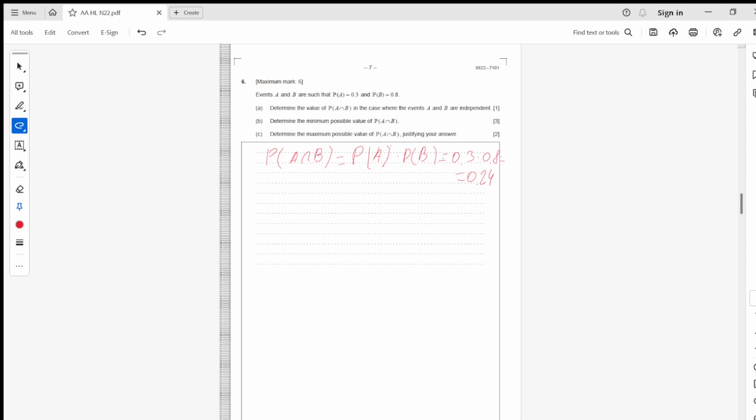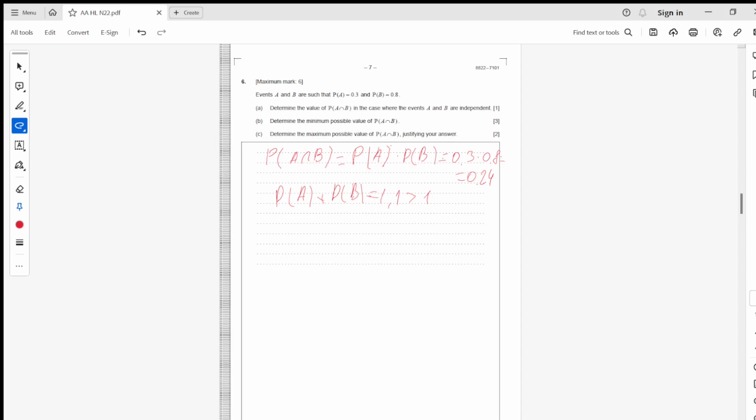The second question asks for the minimum possible value of this event. And what we need to consider is that the probability of A plus the probability of B is equal to 1.1, which is greater than 1, which would be a contradiction on its own, because the sum of all probabilities is equal to 1.